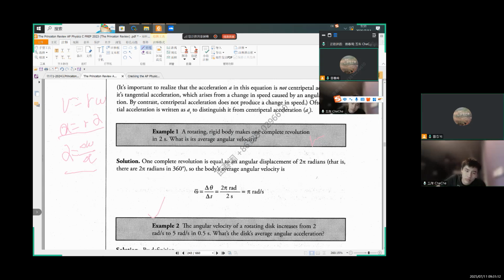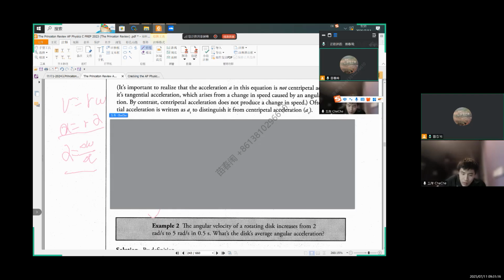So alpha is the angular acceleration, right? This letter is confusing. Oh yeah, because it's radians, right? So this is just a kind of angular velocity, you have to say. Oh, angular velocity. Okay, yeah.